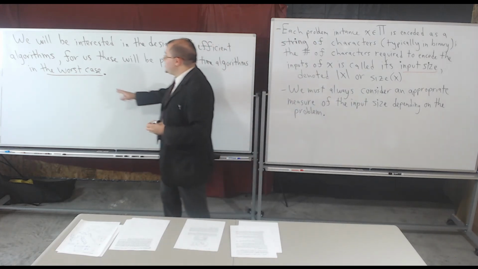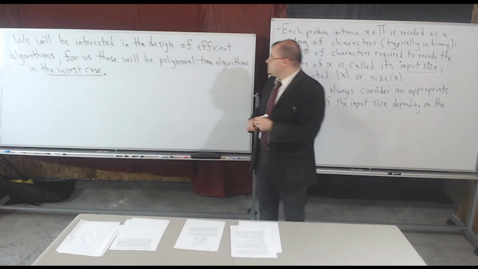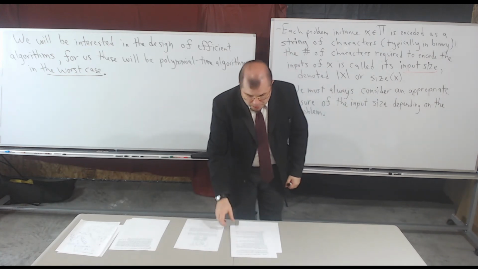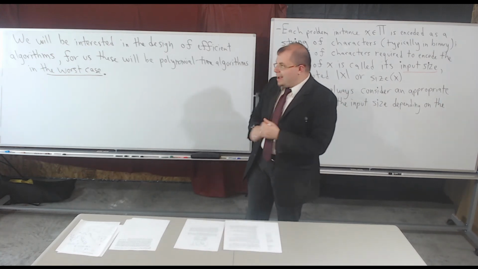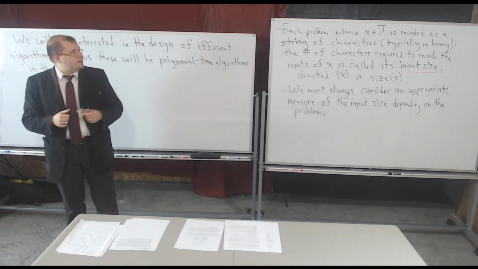Now, you should be familiar with this if you've done any type of algorithm analysis or algorithms and data structures. It's pretty standard. So, that being said, as an algorithm executes, typically that will scale with the input size.